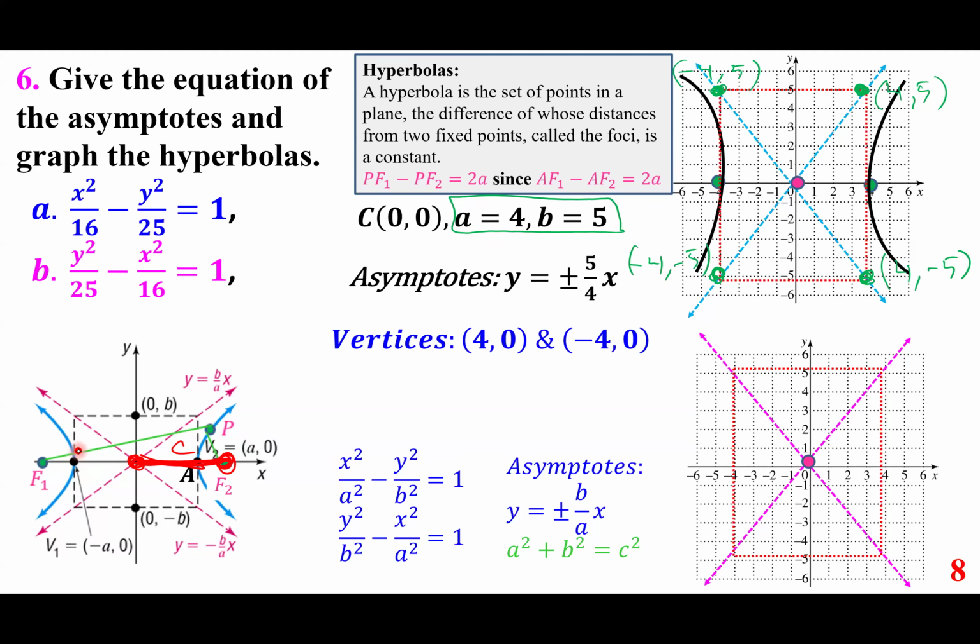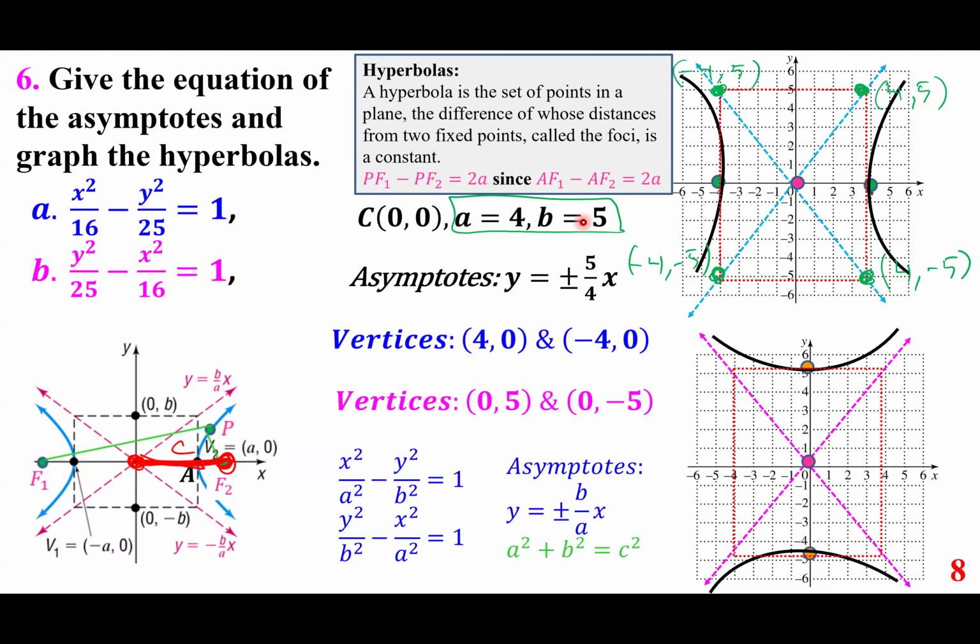For this guy, this uses everything the same as this one, except this opens up and down. So we have the vertices at 0, 5, 0, negative 5, and it opens up and down. That's the difference between the two.